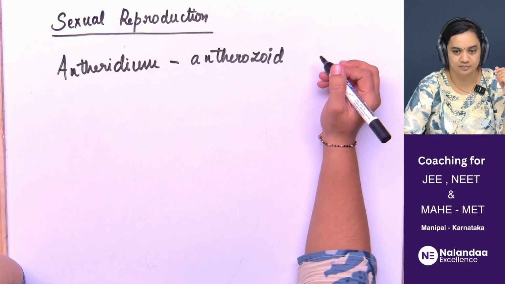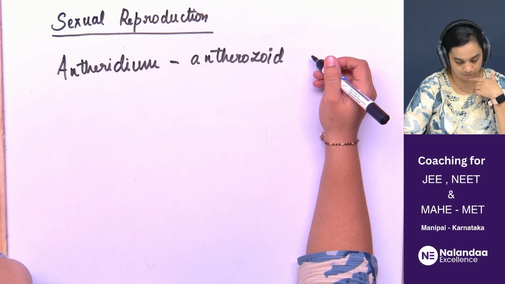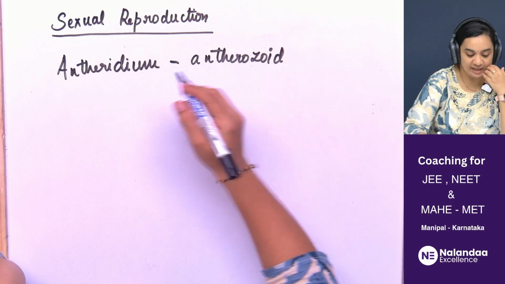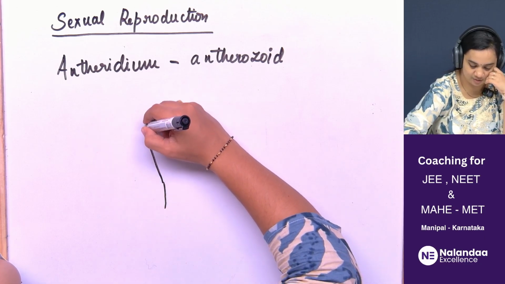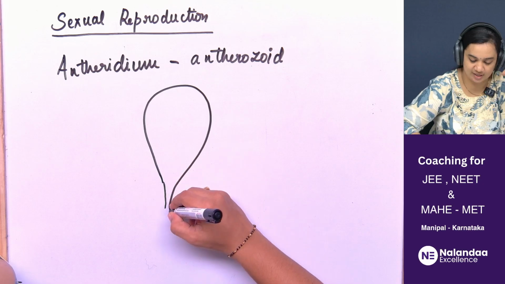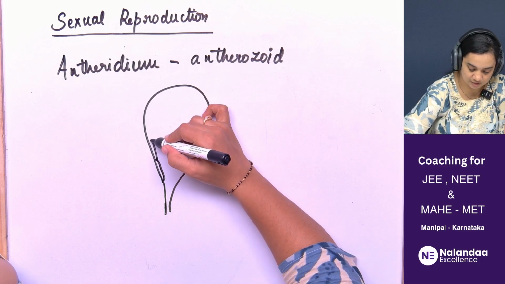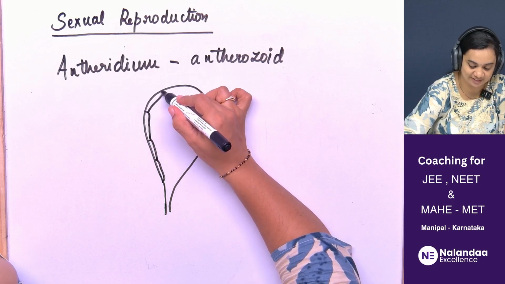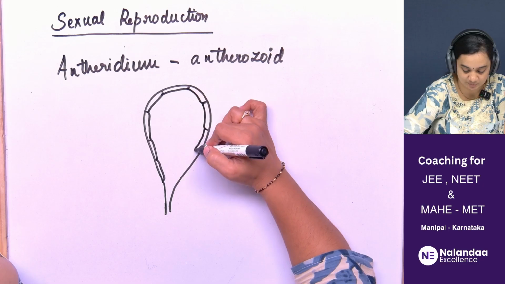Okay. Any confusions? Antheridial initial is the structure of the antheridium, like a tennis bat shaped structure.